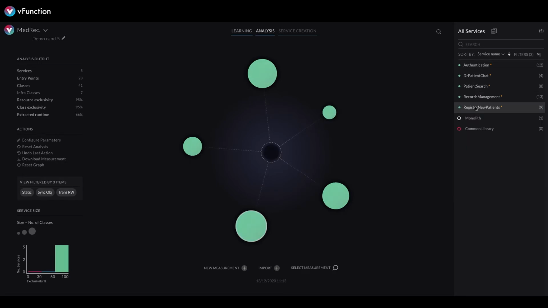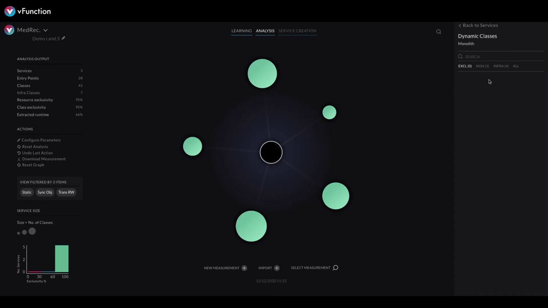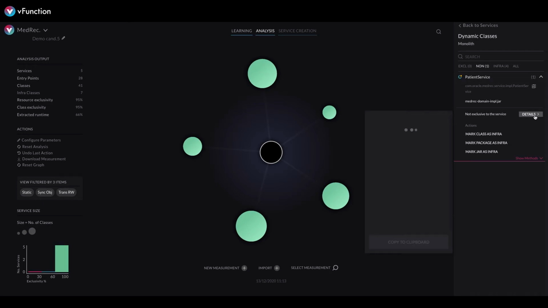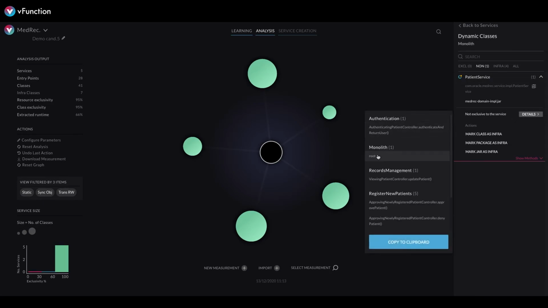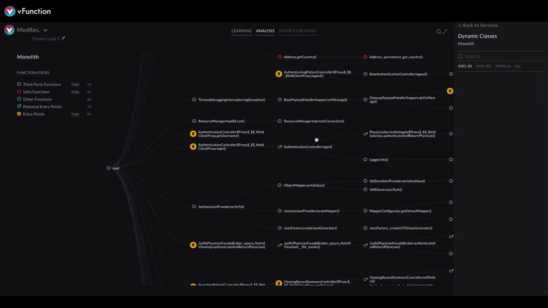Finally, let's dive into the monolith. It includes a single non-exclusive class, which is the interface patient service. The static analysis has 0 classes. Let us see its usage by the monolith.